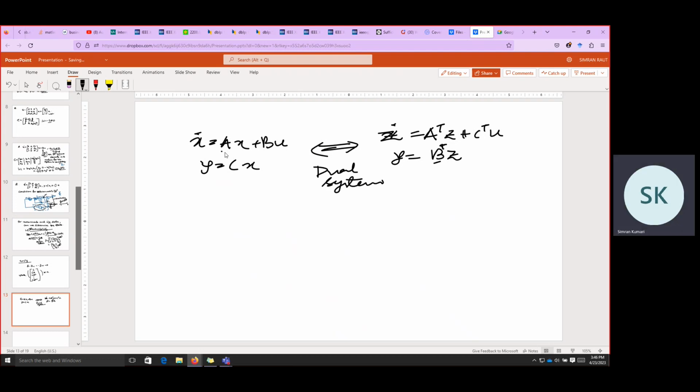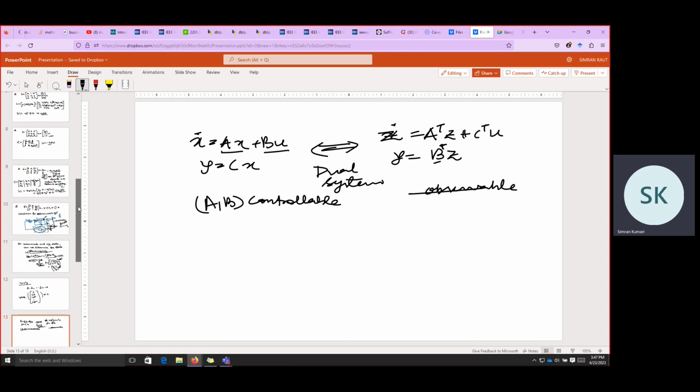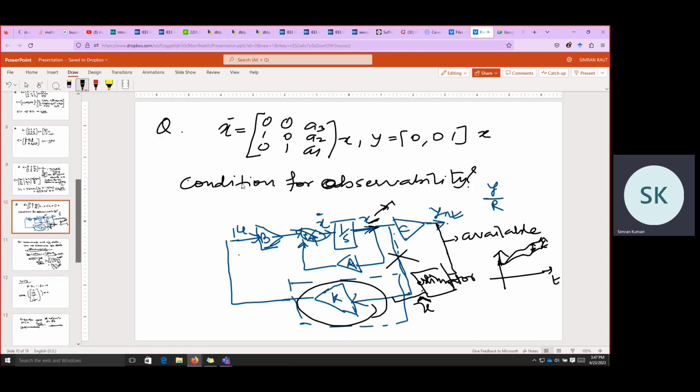So in this case, if we say that the pair A and B is controllable, then the dual system is observable. So we will just apply this dual system concept to this system.